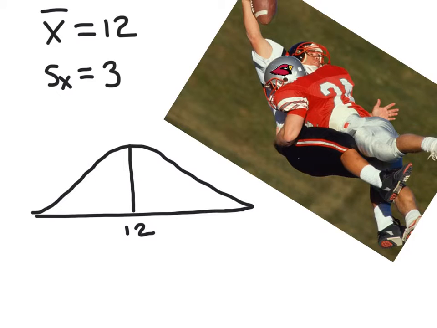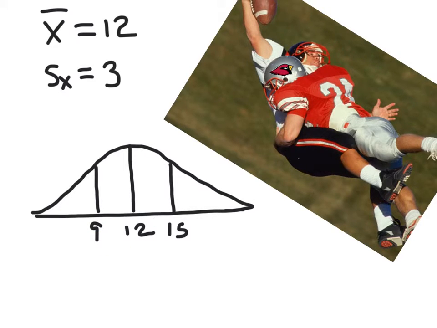And I've been drawing these for a while, and we've got one standard deviation on either side. So if we think about the area, there's a lot of area in there. It's over half the area. So more than half of the schools have somewhere between 9 and 15 sacks, because this is one standard deviation in either direction. That's what we're saying.